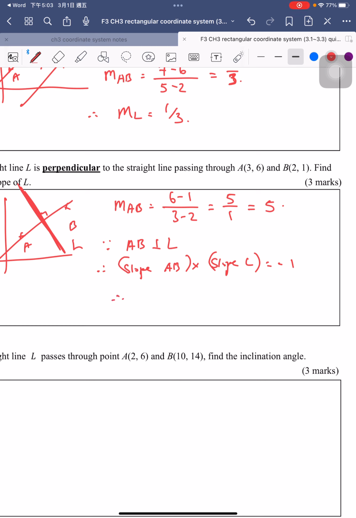Do you still remember, when they are perpendicular, the slope of the other one is the negative reciprocal? So 5 can be read as 5 divided by 1, and I swap them upside down, so now we have -1 over 5, which is equal to the slope of L.